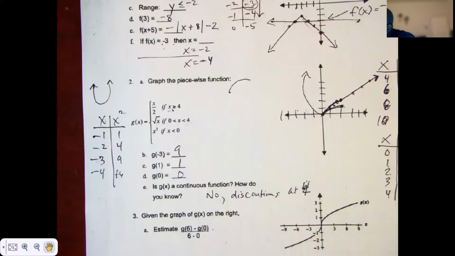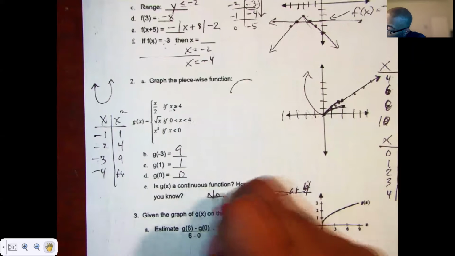Okay. Well, no, wait a minute. No. I did it wrong. No, it is continuous. Yes, it is continuous.